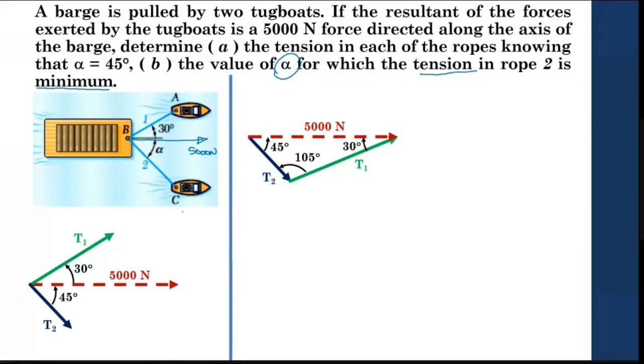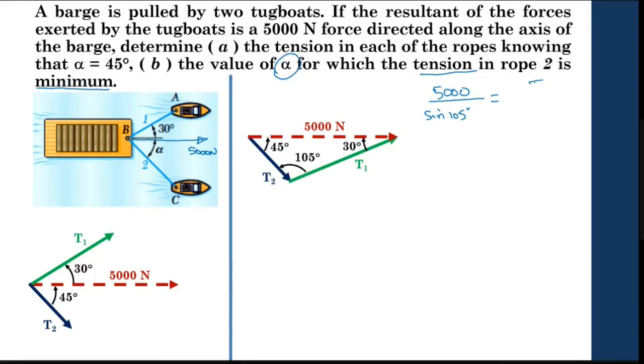Now I can relate it. What is my relation? I can write 5000 divided by sine 105 is equal to, right? First question is tension in each rope. We have to identify what is tension in each rope.